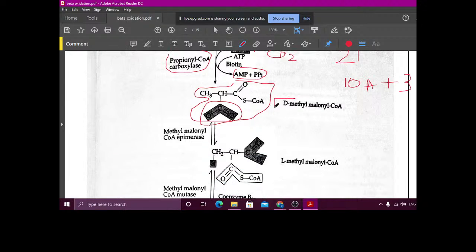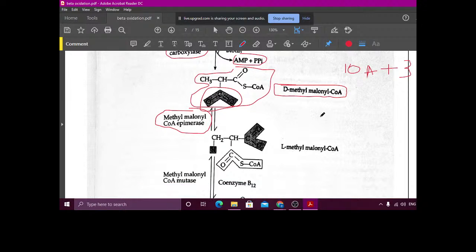This compound is known as D-methylmalonyl CoA, and the enzyme, another enzyme in the next step, methylmalonyl CoA epimerase, acts, and you have ultimately here a hydrogen atom attached over here, COO group over here, and you have a SCoA group over here.